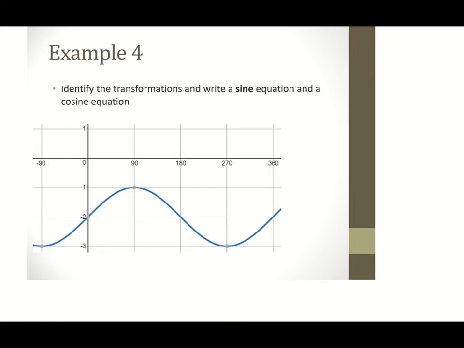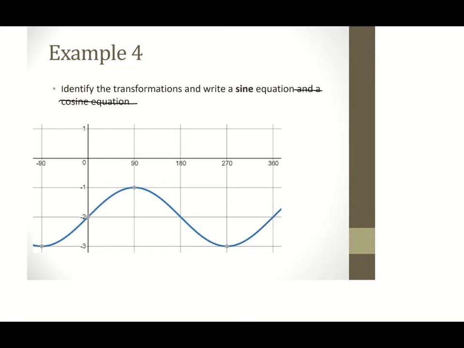All right, so example number 4, we want to identify the transformations and write a sine equation, not a cosine equation. We just want to write a sine equation, so let's get rid of that. In order to do this, we need to identify where the midline is to figure out if we start on or off the midline, so sine or cosine, and then how much we've shifted up or down.